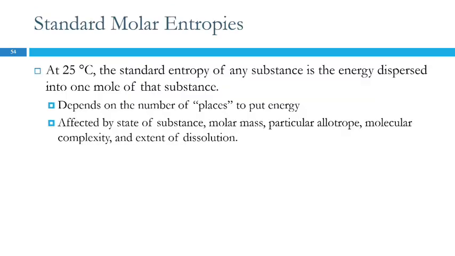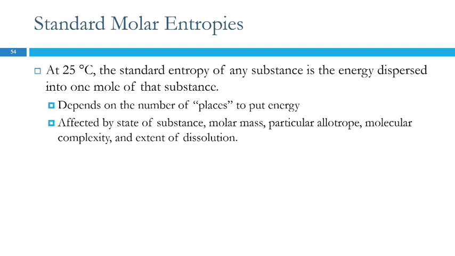So at 25 Celsius, the standard entropy of the substance is how the energy is dispersed in 1 mole of the substance. That's what we mean by standard molar entropy, the entropy of a mole. And so that's going to depend on the number of places to put the energy. So this is going to be affected by the state of the substance. Is it a solid, a liquid, a gas?